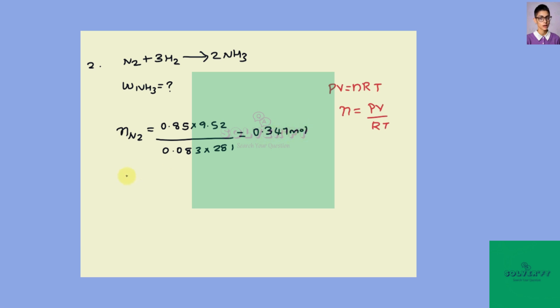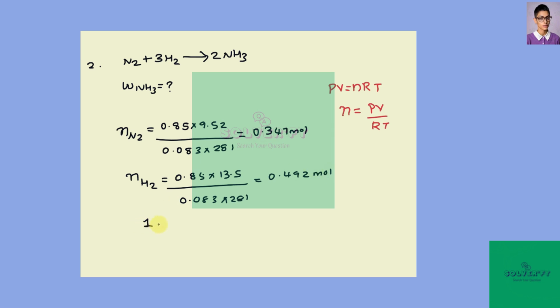From this we can calculate the number of moles of H2, which is 0.85 into 13.5 liter divided by 0.083 into 281, and we get the number of moles of hydrogen as 0.492 mole.